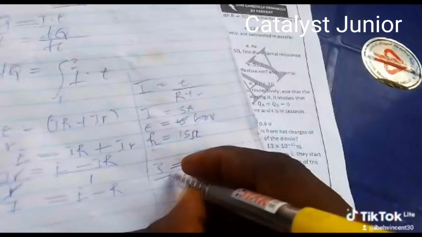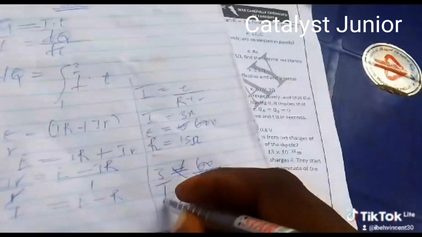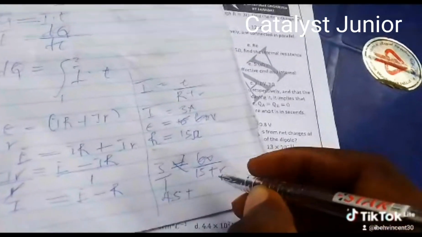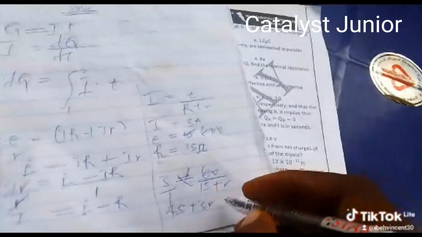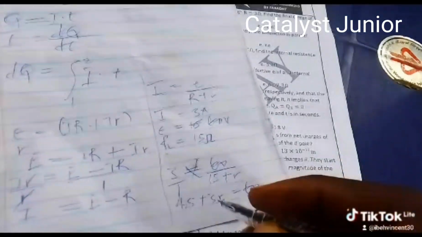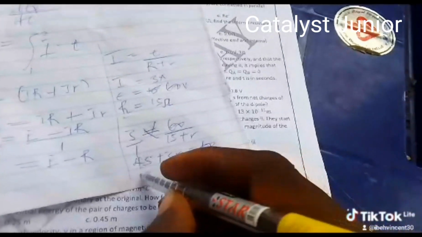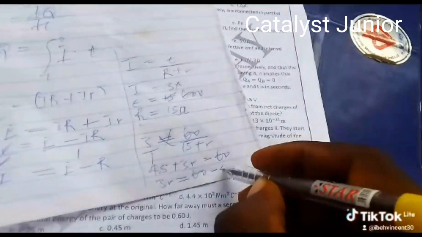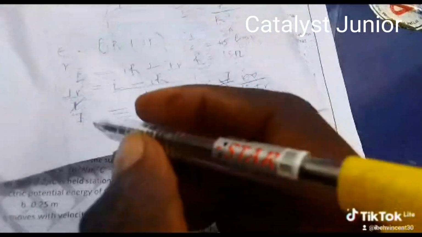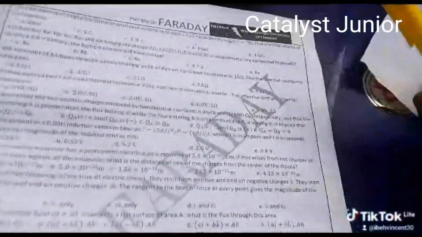If I cross multiply, I'm going to have 3 times 15, which gives 45, plus 3 times r, which gives 3r, is equal to 60. I can make 3r the subject by saying 3r is equal to 60 minus 45.